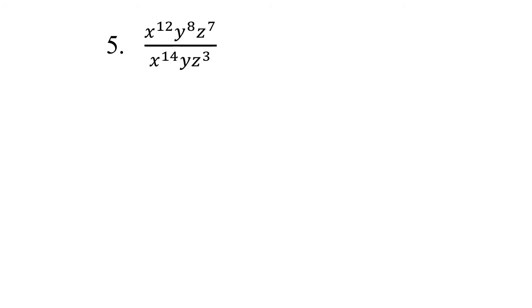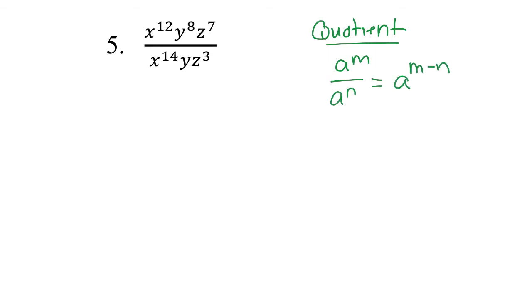Number 5. So we see another fraction. So since we have a fraction and no parentheses, we'll probably be using the quotient rule. So that was when you had a fraction, a to the m over a to the n, you subtracted their exponents. So I see an x in the numerator and denominator, so I'm going to do x to the 12 minus 14.